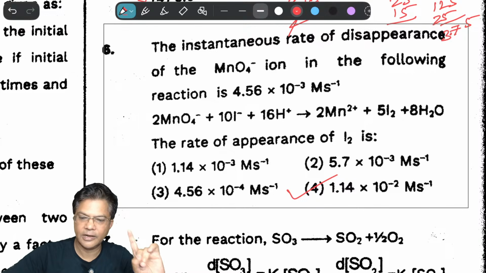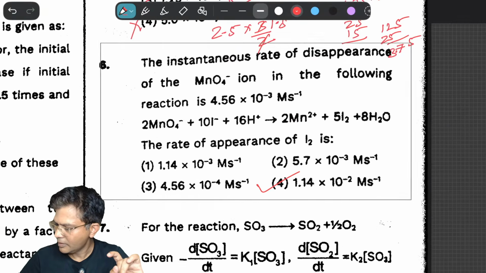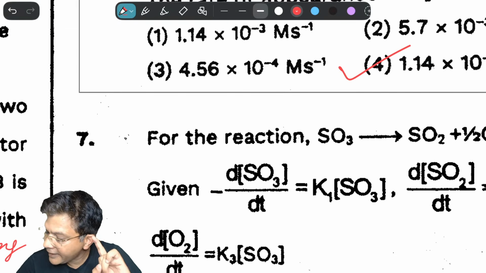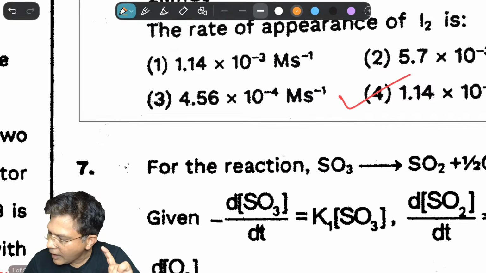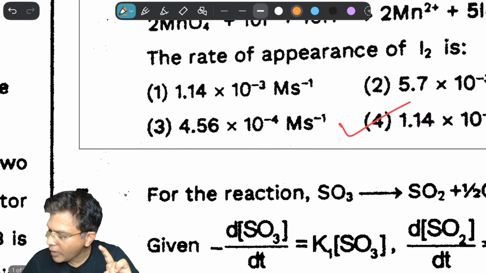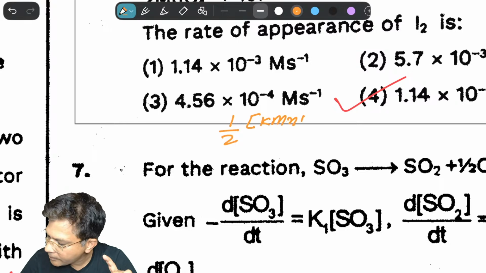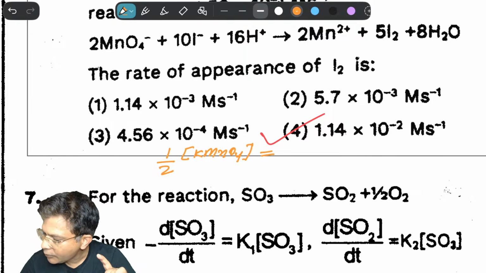Now see, kids, let me tell you. If I write down MnO4, twice of MnO4, that means stoichiometric coefficient is 1 by 2 into the concentration of KMnO4 is equal to I2. In the balanced reaction, I2 is 5.